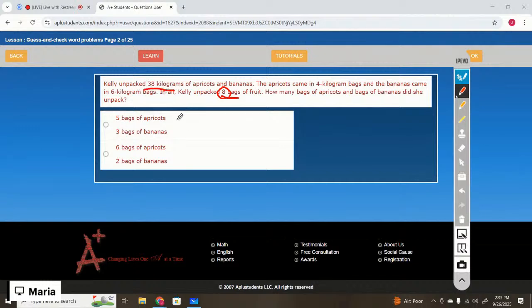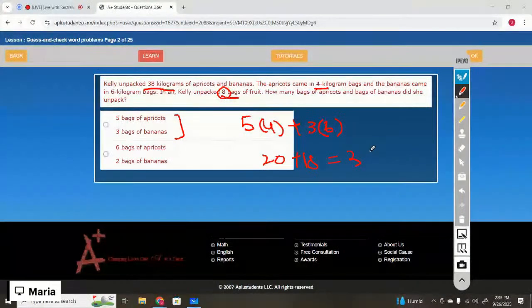Okay, the total fruit is 38 kilograms. Let's see if the first option is the correct option. 5 bags of apricots and apricots came in 4 kilogram bags, 5 times 4. Then 3 bags of bananas and they came in 6. So 5 times 4 is 20 and 6 times 3 is 18. So 20 plus 18 is 38.